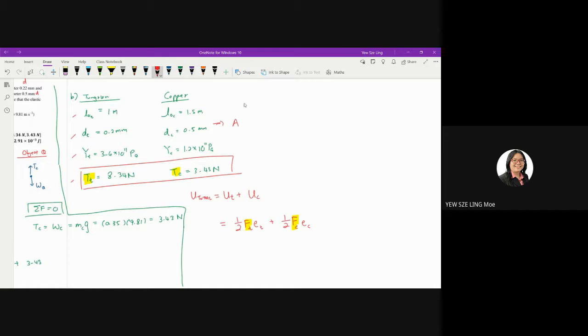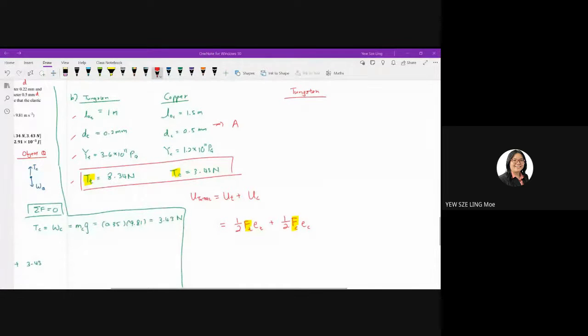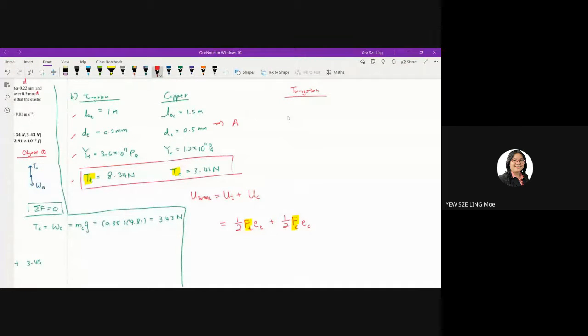So for tungsten, let us calculate the elongation first. Now we apply the Young modulus equation: Y equals F L naught over, since we're given the diameter, pi d squared over 4 times the elongation.